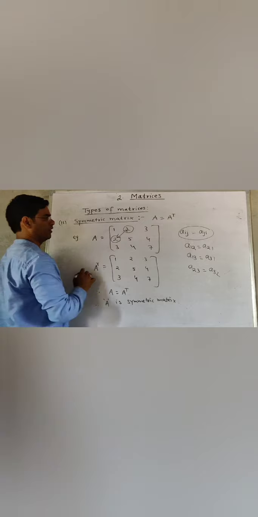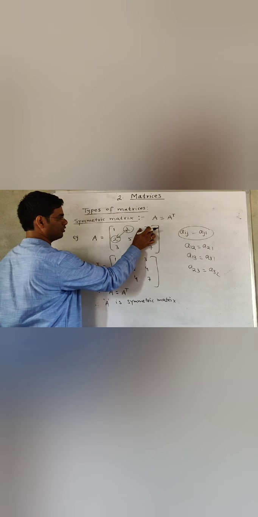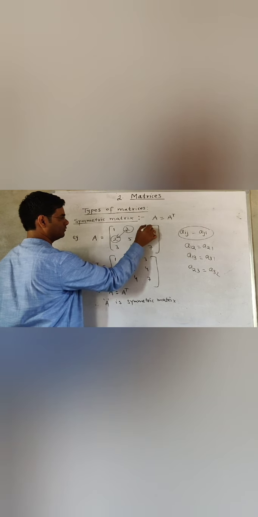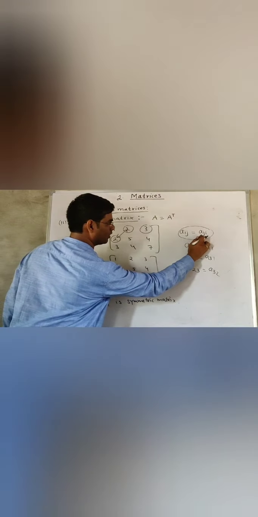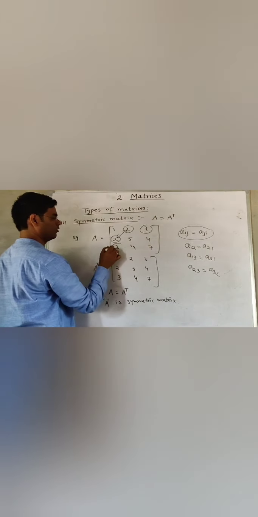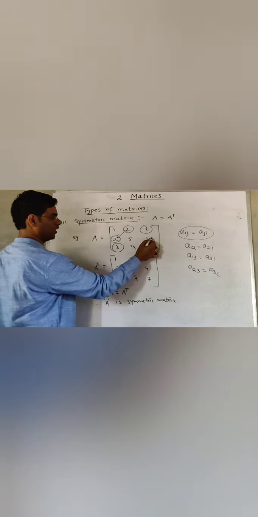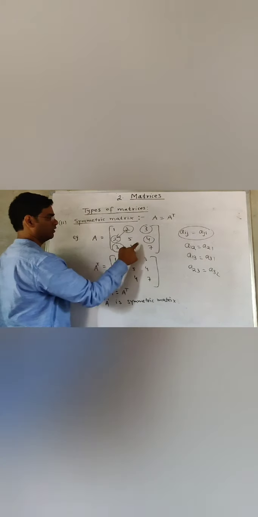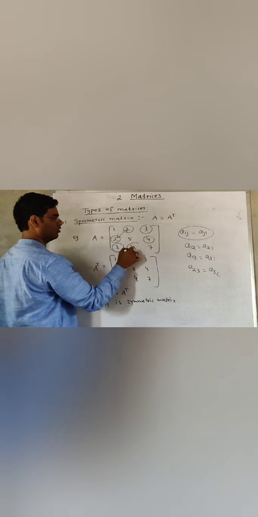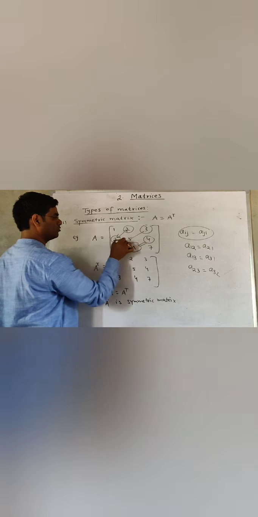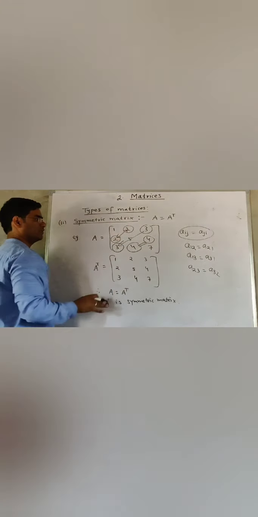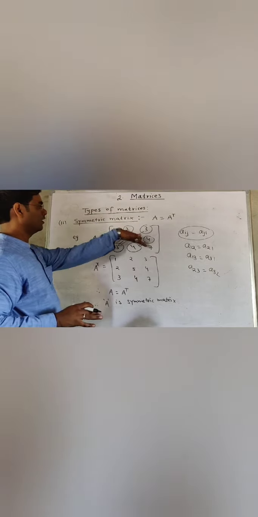In case of symmetric matrices, this is the position of A13, and A13 is equal to A31. This is A23 and this is A32. So these two elements are same, and these two elements are same, and a symmetric matrix is independent of the diagonal elements.